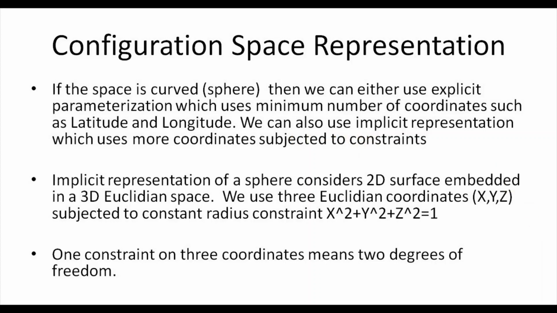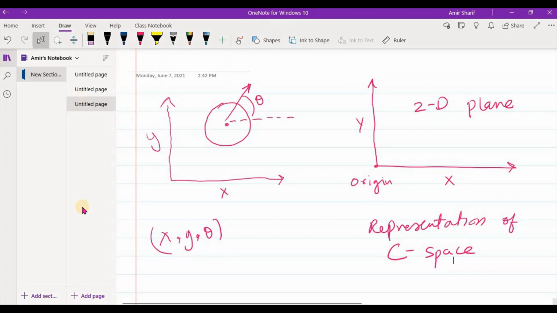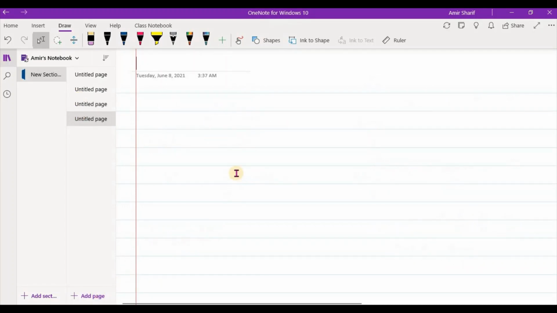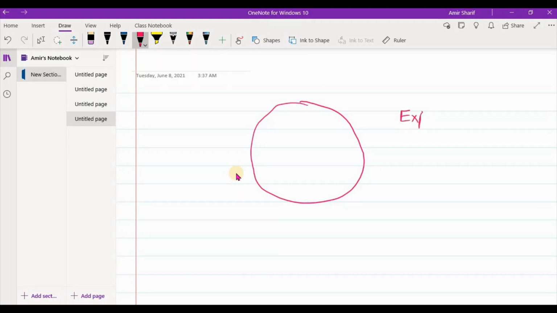We have already seen that a 2D surface is easier to represent, but for a 3D spherical surface which is curved like this, we need either explicit parameterization, which uses latitude and longitude here.